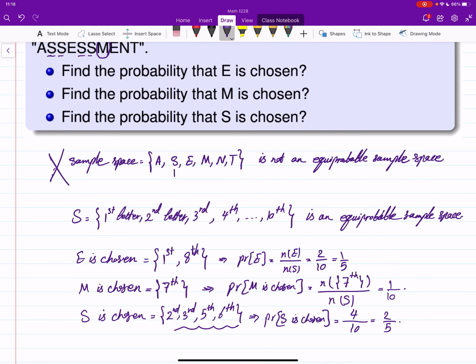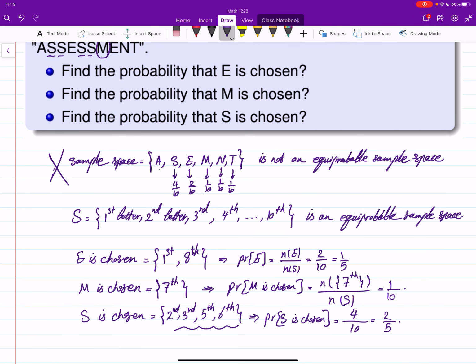And now I can go back and show you why the first given sample space is not an equiprobable sample space, because S has probability 4/10. Now with more numbers here, E has 2/10. M has 1/10. This has another 1/10. This is 1/10.